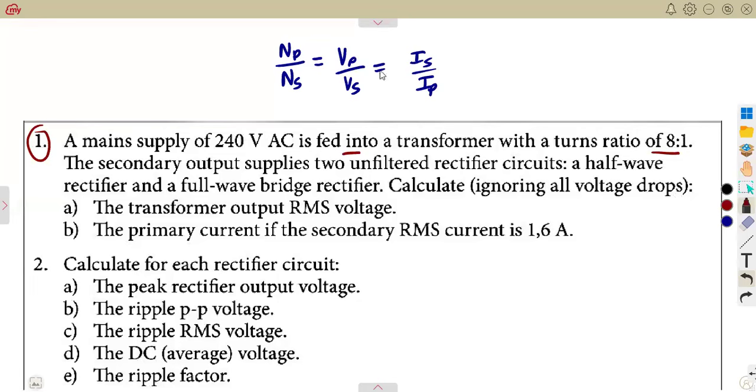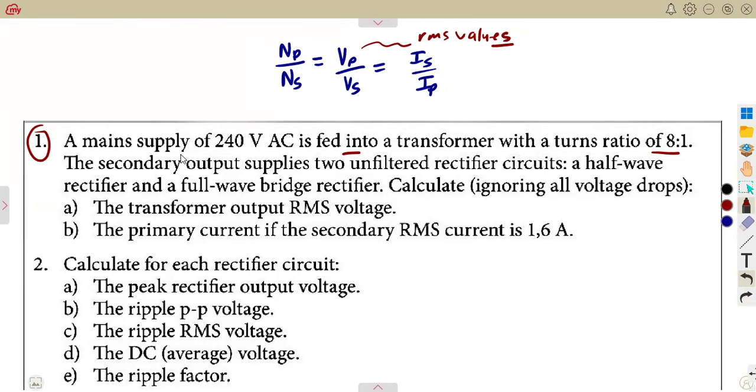Remember that the values you'll be dealing with, the voltage and the current, are referred to as the RMS values. So the VP on the primary is going to be RMS, and the VS at the output will be RMS values.